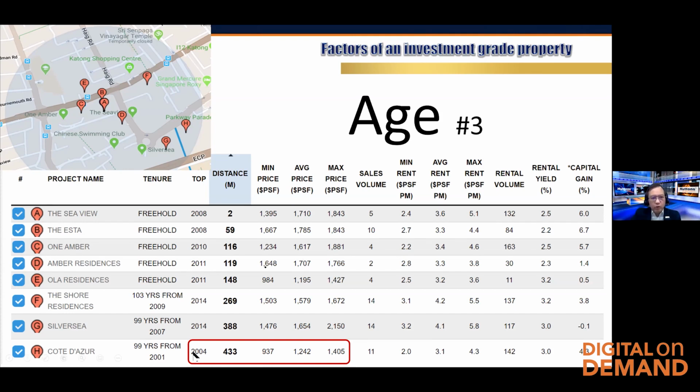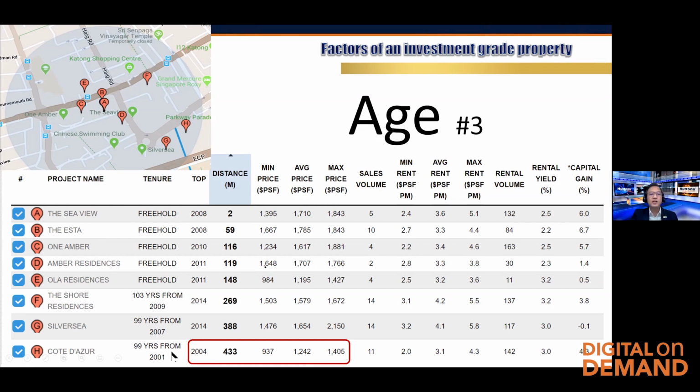So if you look into Côte d'Ivoire, for those who stay in Côte d'Ivoire, sorry, I just need to use this as an illustration. Based on the same locality, I can tell you Côte d'Ivoire is located in a very fantastic location because you are just next to Parkway Parade. You are seeing currently the prices over here on average is about 1,242 per square foot.